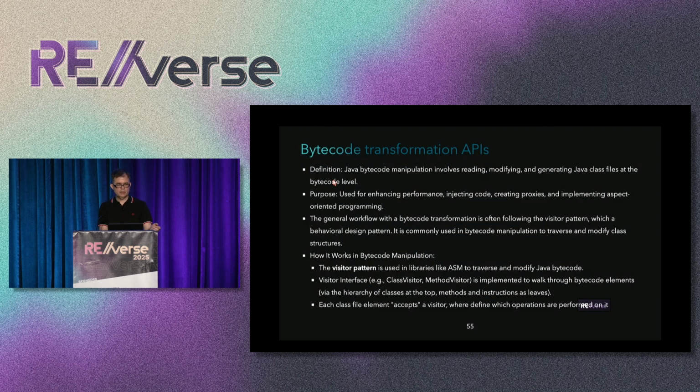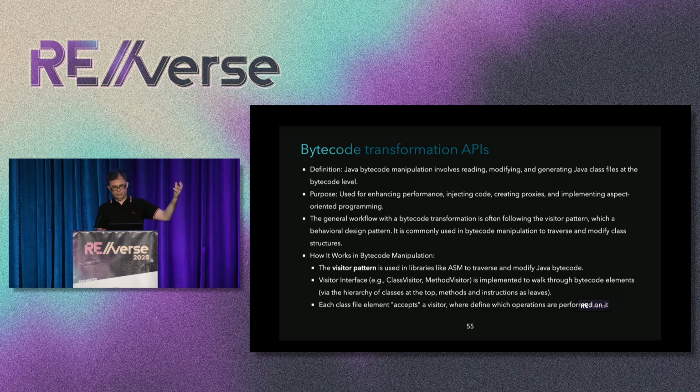Okay, what is behind all this agent stuff? There is bytecode transformation. Bytecode transformation, not manually with Asmtools, but with libraries that do that on an object model. It's used for enhancing performance, injecting code, creating proxies. Often you follow the visitor pattern.